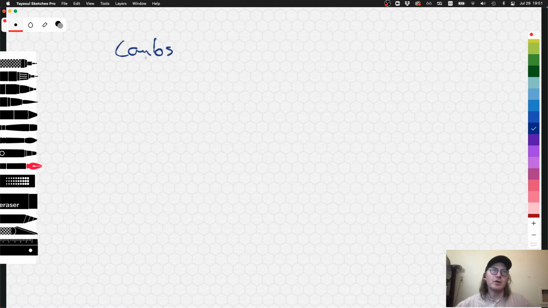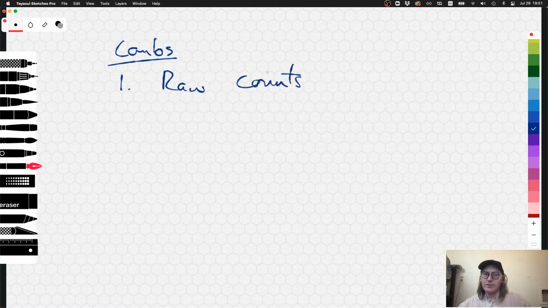This is going to be very similar to what we did with permutations. We're going to do our raw counts, using whatever base system that we have, and we're going to create permutations. So we're going to reduce to permutations.